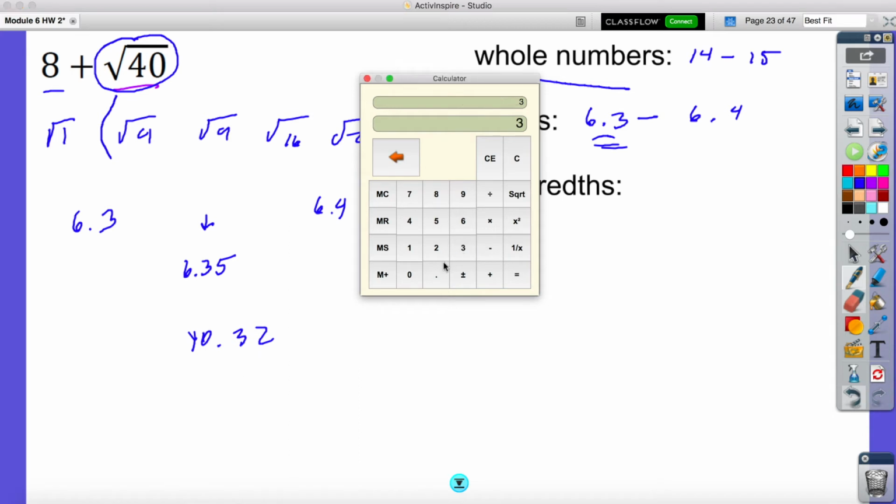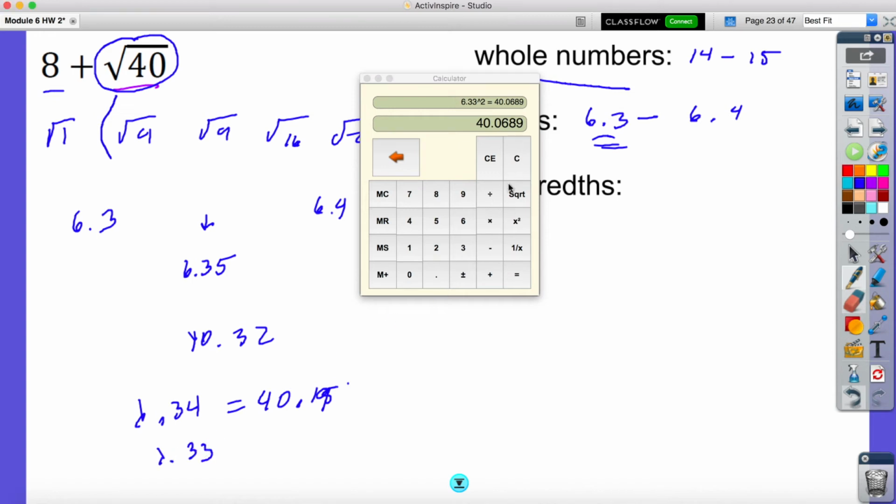Let's go ahead and do 6.34 to the second power. All right, 6.34 is 40.1956. Let's try 6.33 to the second power. That's even closer.